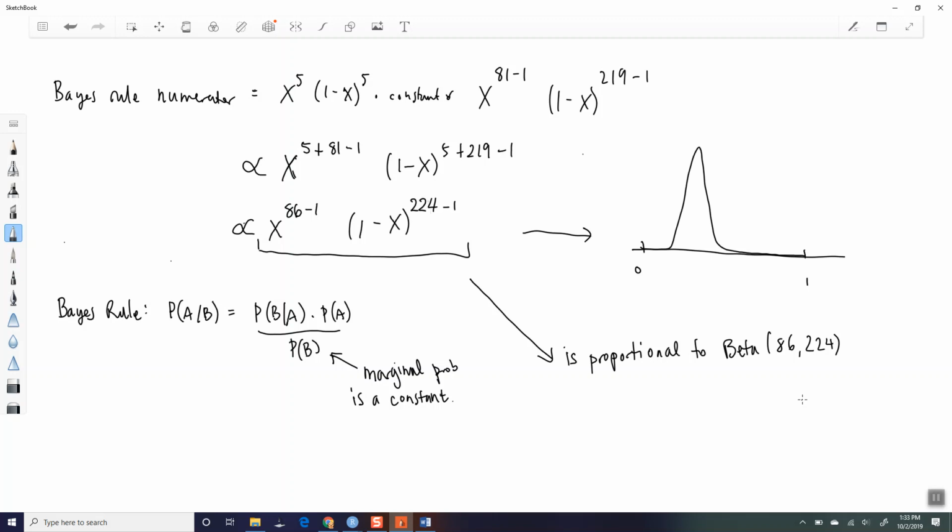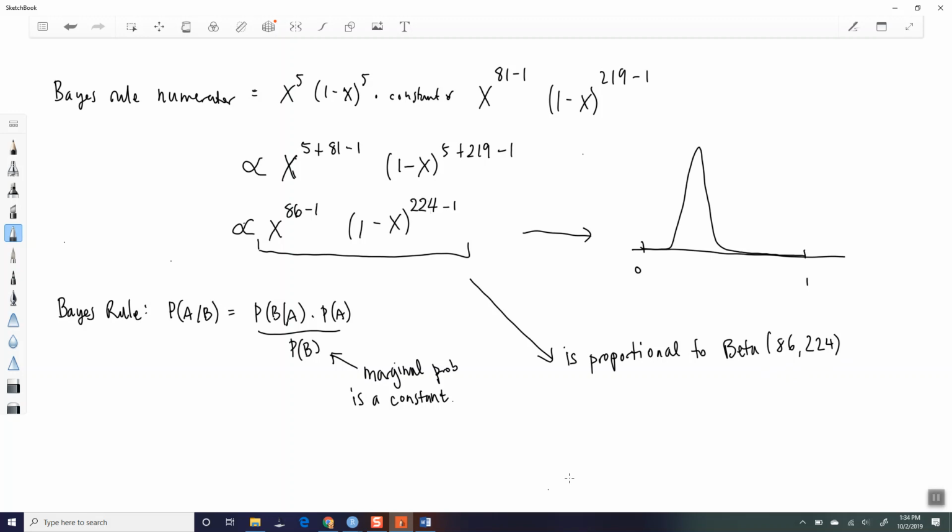So the result is that after 5 hits in 10 at-bats, the distribution for the batting average is going to follow a beta distribution with shape parameters 86 and 224.